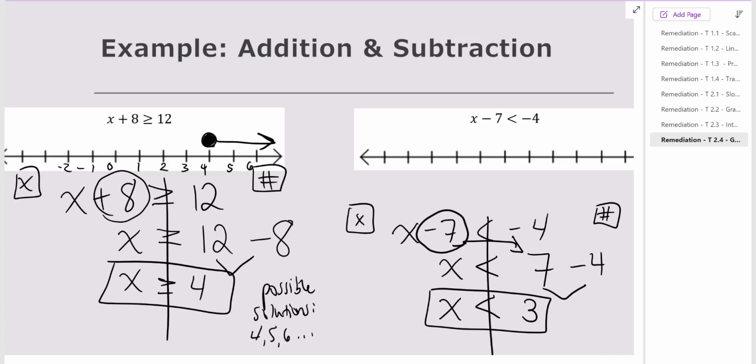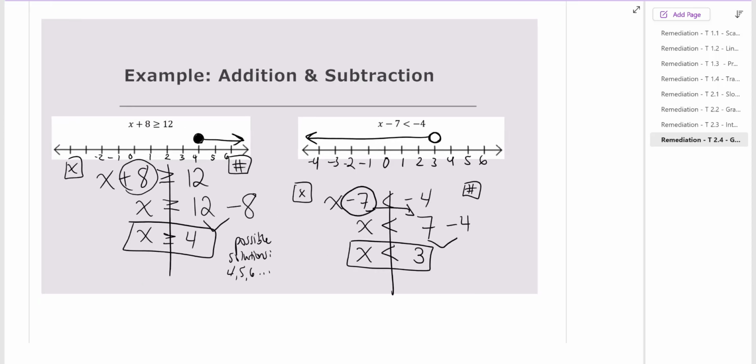Okay, so I can go like this. 0, 1, 2, 3, 4, 5, 6, negative 1, negative 2, negative 3, negative 4. All right, it's open because there's no line under the symbol and it's pointing in the left direction.